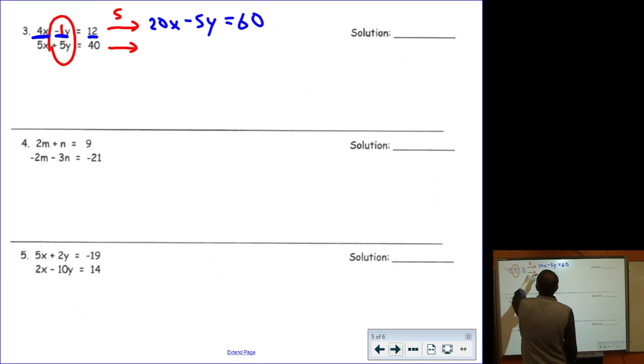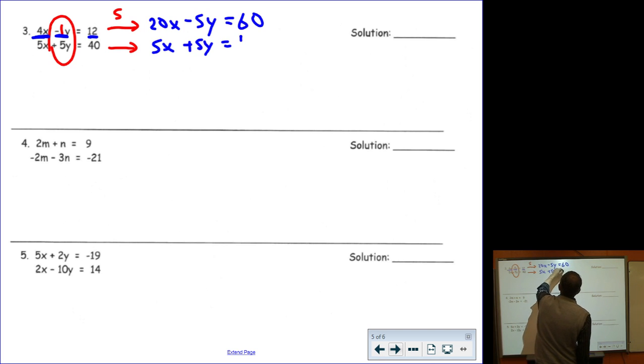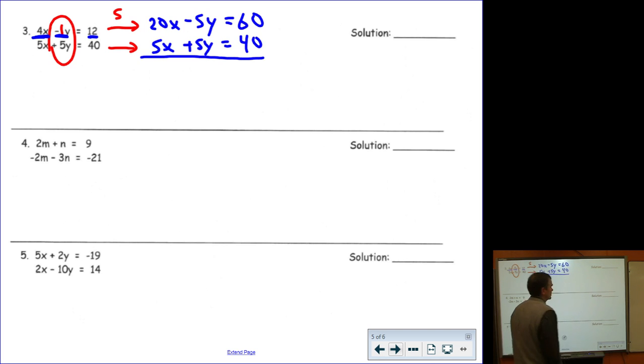The bottom equation is just staying the same. And you will now notice the y's have become opposites of each other. So when I add these equations together, the y's are going to cancel out. 20x plus 5x is 25x. 60 plus 40 is 100.